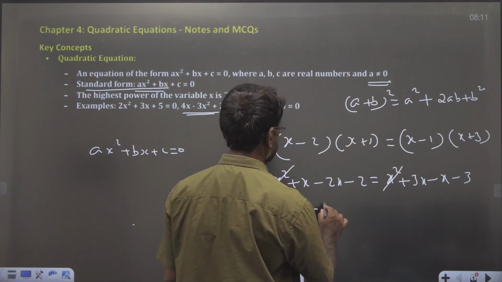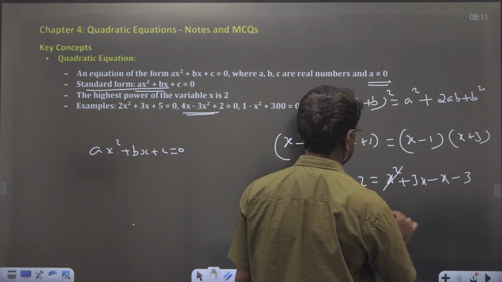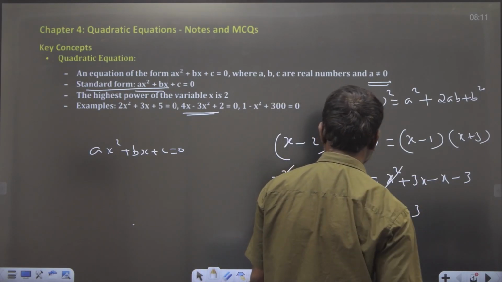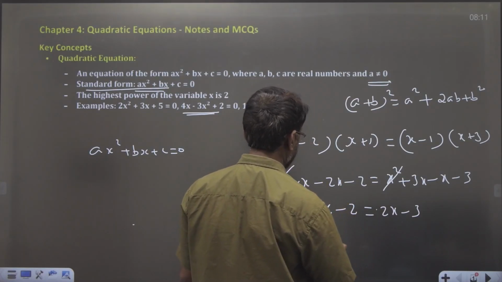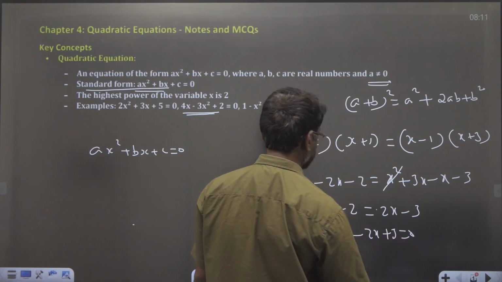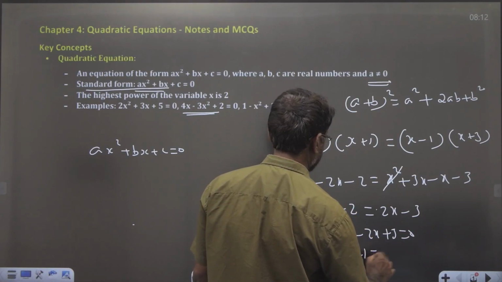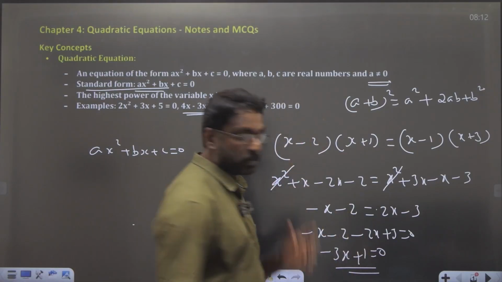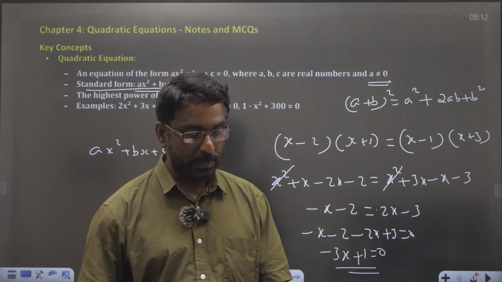x minus 2x minus 2 is equal to 3x minus x, 2x minus 3. Then take this into left hand side: minus x minus 2 minus 2x plus 3 equal to 0. That is minus x minus 2x minus 3x plus 1 equal to 0. It is not a quadratic equation because the second degree term is absent here.